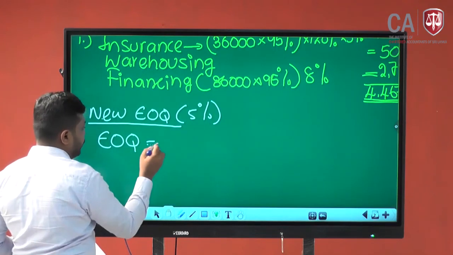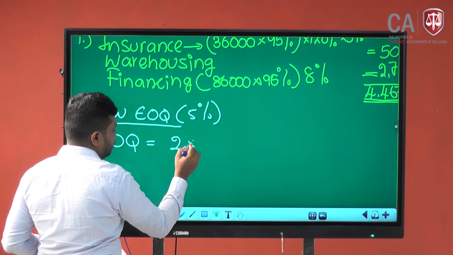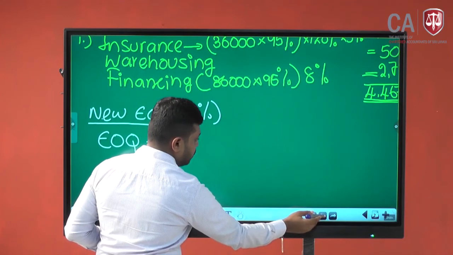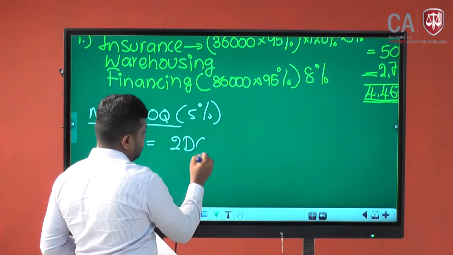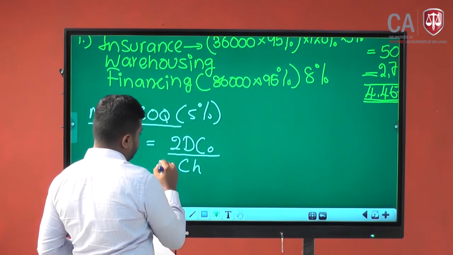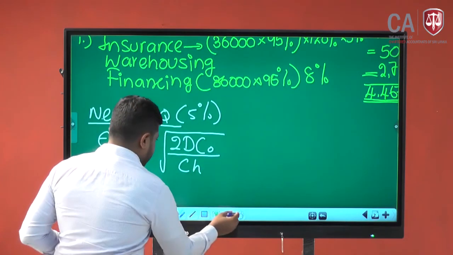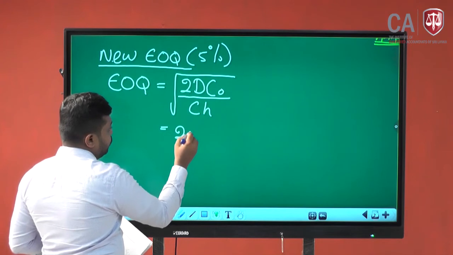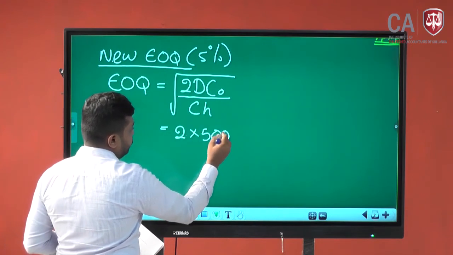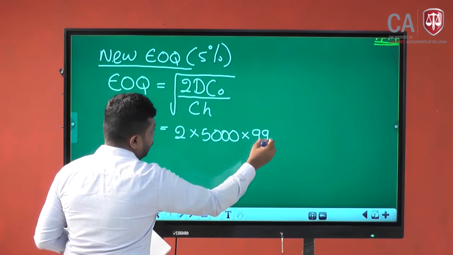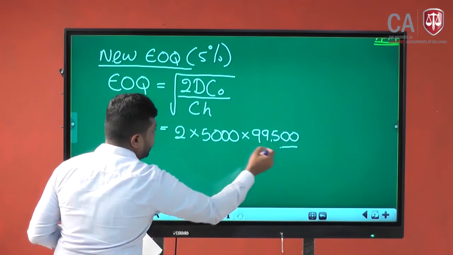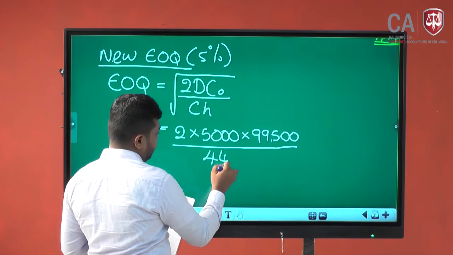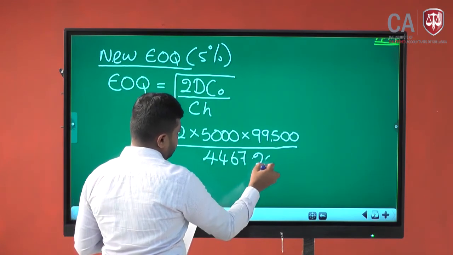EOQ equal to root of two into demand 5,000 into cost of ordering 99,500, which we have already found, divided by cost of holding, which we just found, 4,467 and 20 cents.